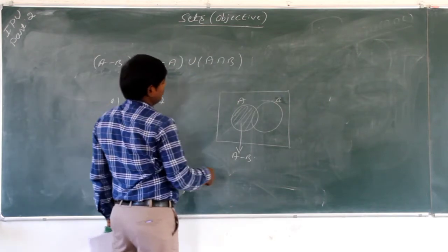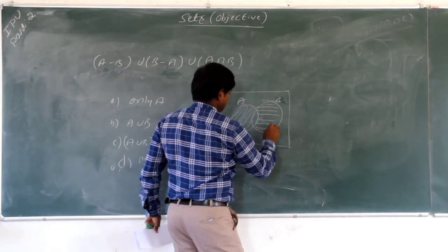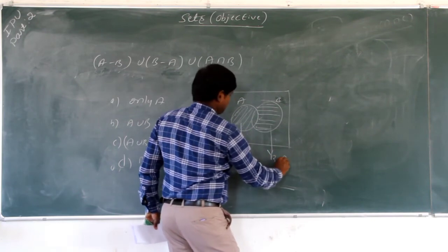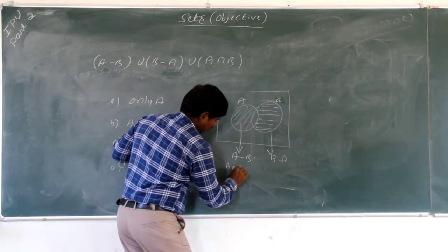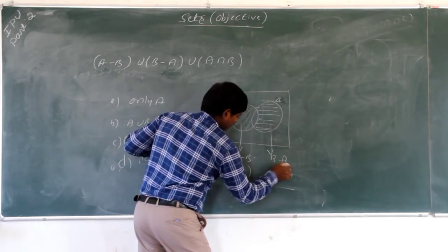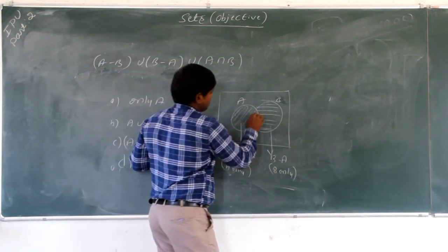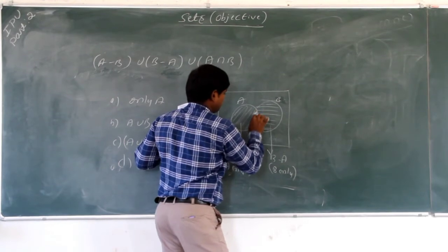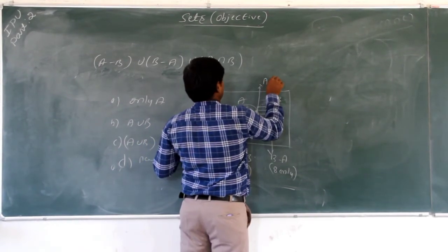B minus A is this region, B only. And this region is A intersection B.